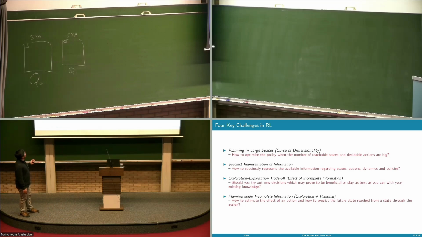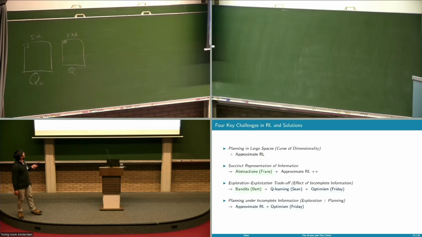And then planning under incomplete information, how to mix exploration and planning. Again, in Q-learning Son will talk a bit, and I'll talk about all these optimistic strategies later on. But these are for another day. Today, we'll look into these two problems: planning in large spaces and succinct representation of information.